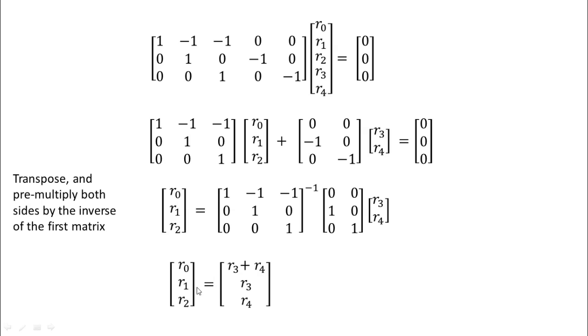If you work things out, this pre-multiplication results in R3 plus R4, R3 and R4. Therefore, R0 equals R3 plus R4, R1 equals R3, R2 equals R4. So just by doing this kind of manipulation, we directly get the intracellular rates based on the extracellular rates that can be measured. That's powerful.